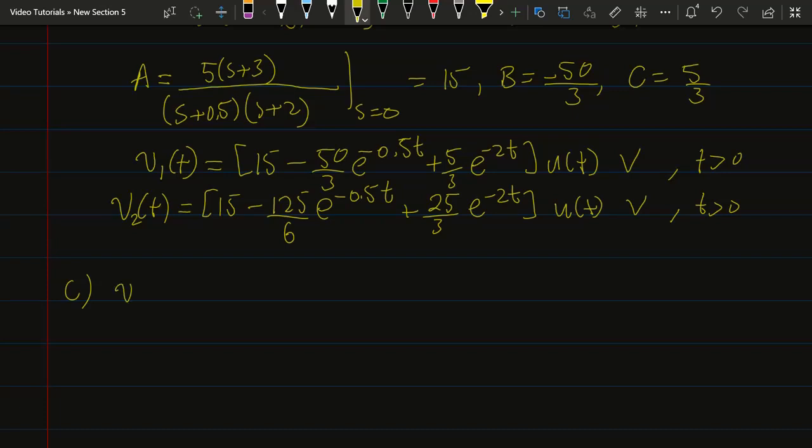So V1 of 0 plus is simply 15, and then u of 0 is 1, so I don't have to worry about the u of t at the end, and this is simply minus 50 over 3 plus 5 over 3. Now if you want to have a common denominator, this will be 45 over 3.